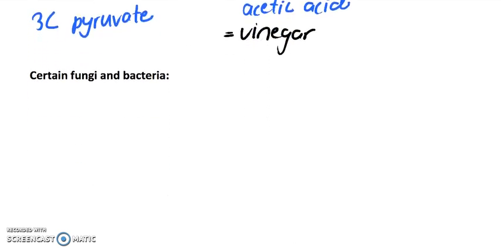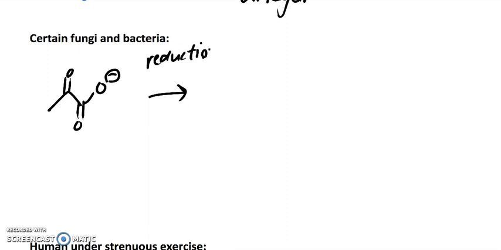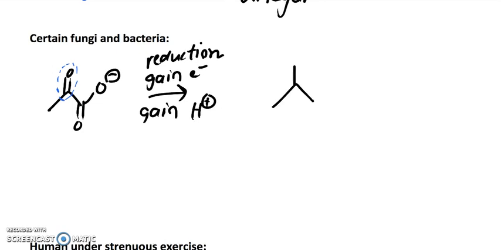Okay. So now some types of fungi and bacteria can do something else to our pyruvate. Again, starting material is pyruvate. We are going to undergo another reduction reaction, and we're going to be concerned with this carbonyl right here. So again, reduction means to gain electrons, or we are also going to be gaining some protons, some hydrogens, you'll notice. Carbon always needs 4 bonds, but everything else is the same.